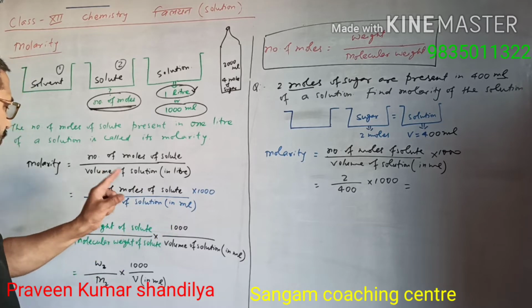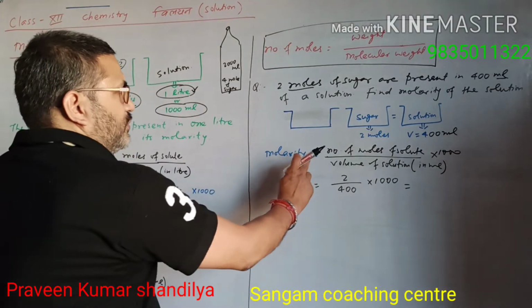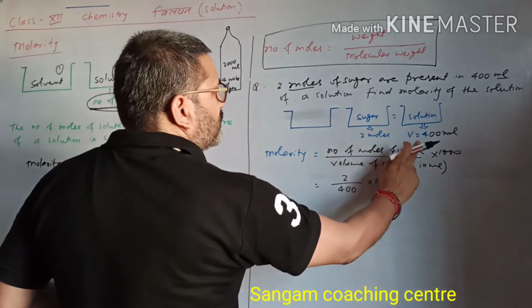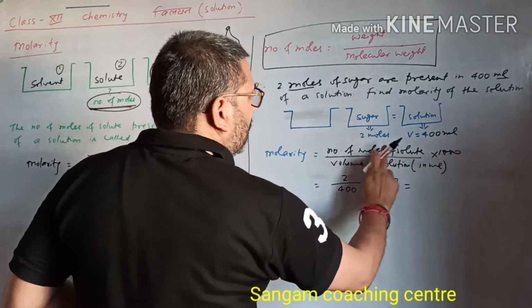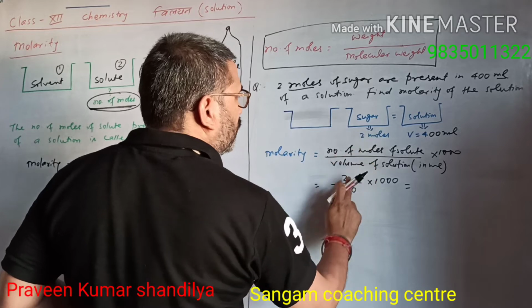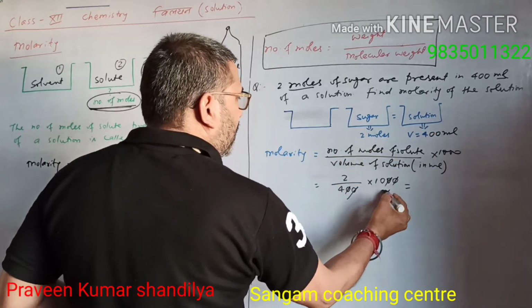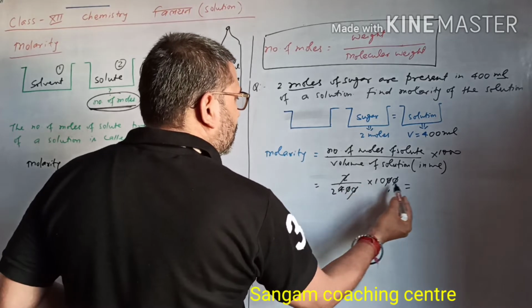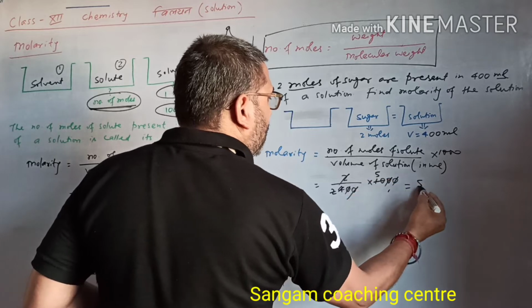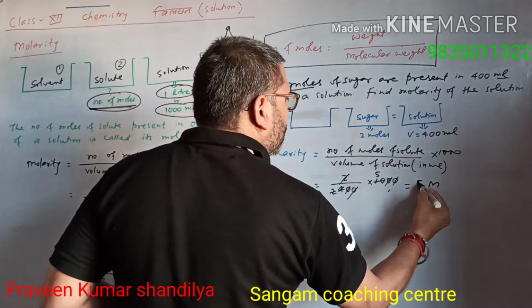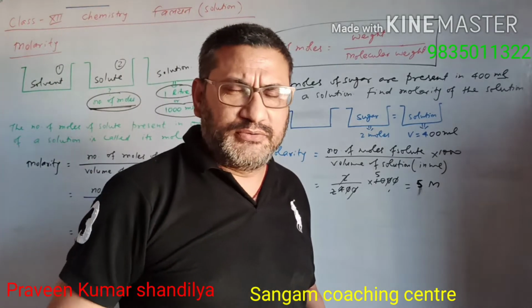Yes, this formula can be used. So molarity is number of moles of solute divided by volume of solution in milliliter, into 1000. Number of moles of solute is 2 and volume of solution is 400. We can calculate it easily. Is it hard? No, it is easy.